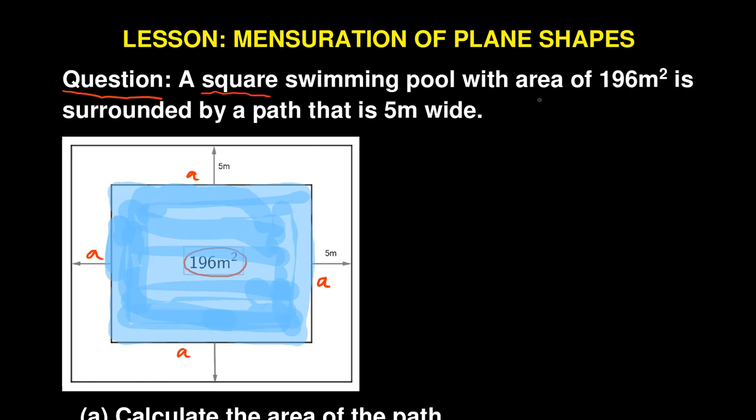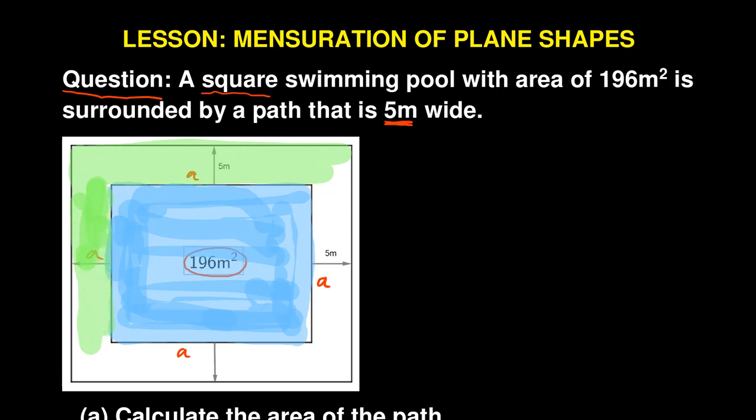It says the area is given as 196, and it is surrounded by a path that is 5 meters wide. So now the path there where people are walking, if I can paint it, so you can see that we have a path, and in this particular path people are walking along this path. This is the path you use when you want to walk around the swimming pool.